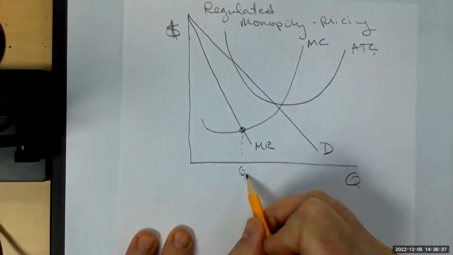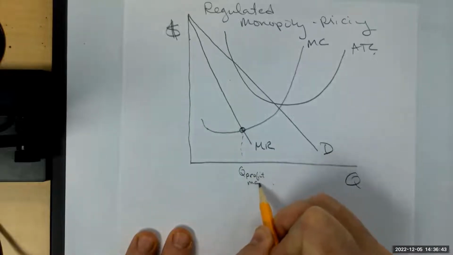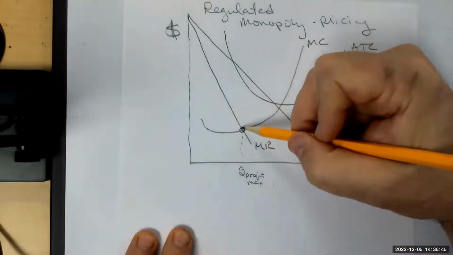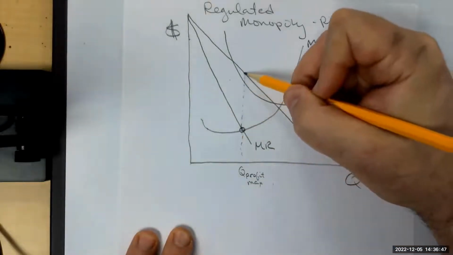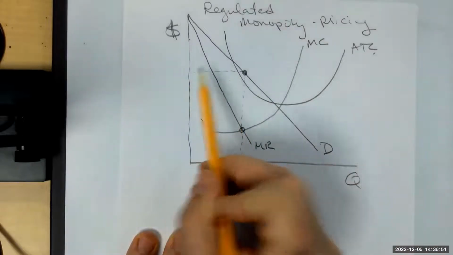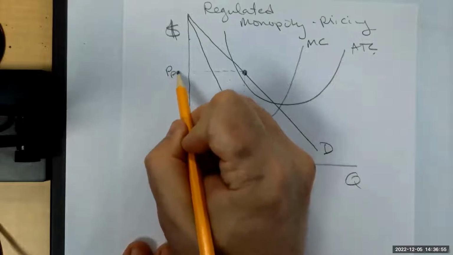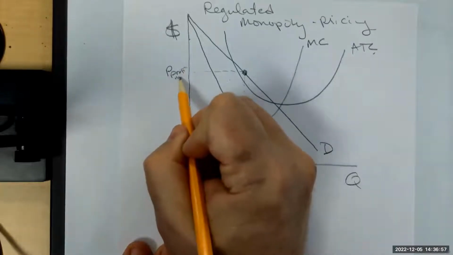We're going to call the quantity Q profit max. Notice, go up to the demand curve, over to the y-axis. This is price profit max.